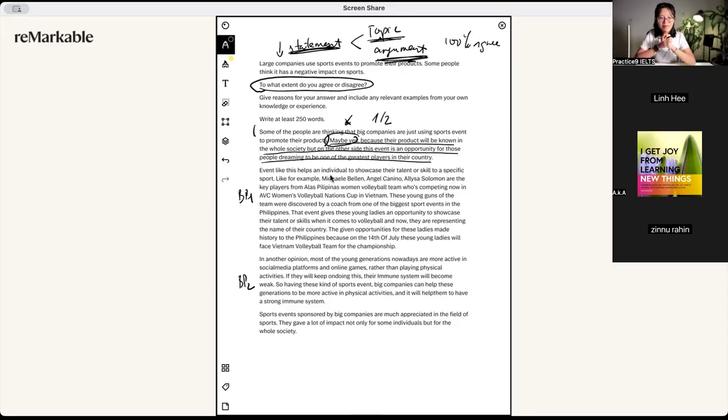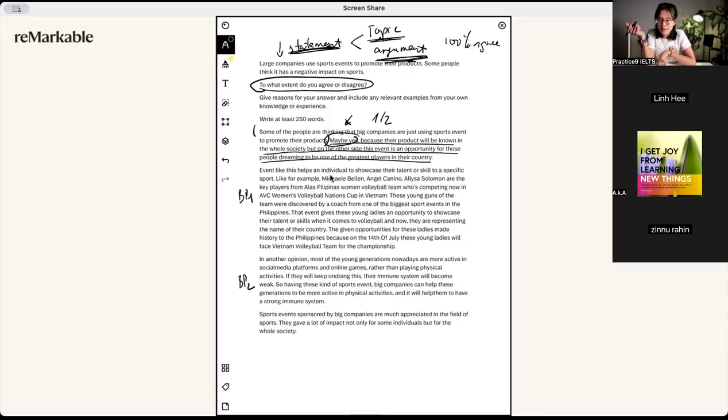Let's look at the body paragraph. Let me know if you know how to write one. Give me a thumbs up, or say no if you don't know how, because we need to talk about the structure first.